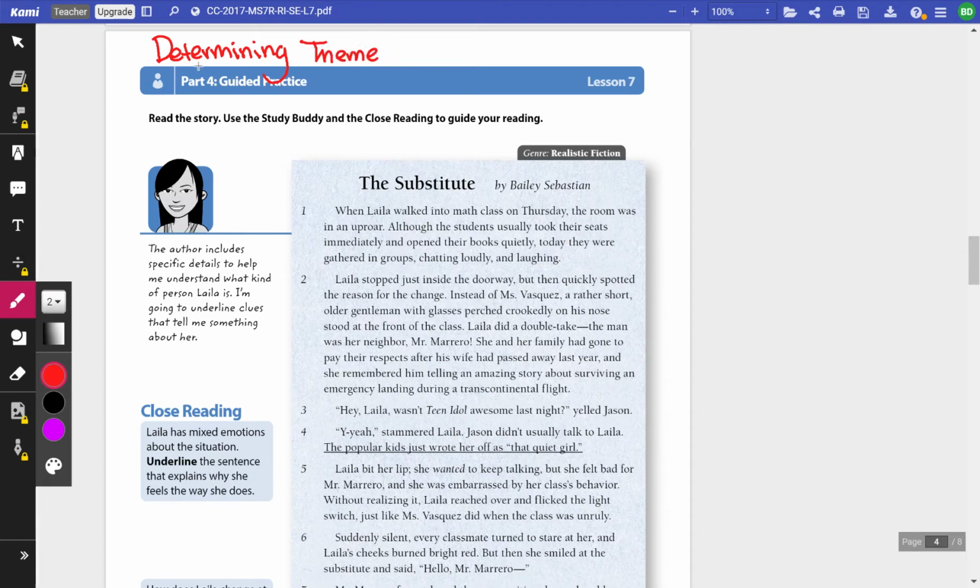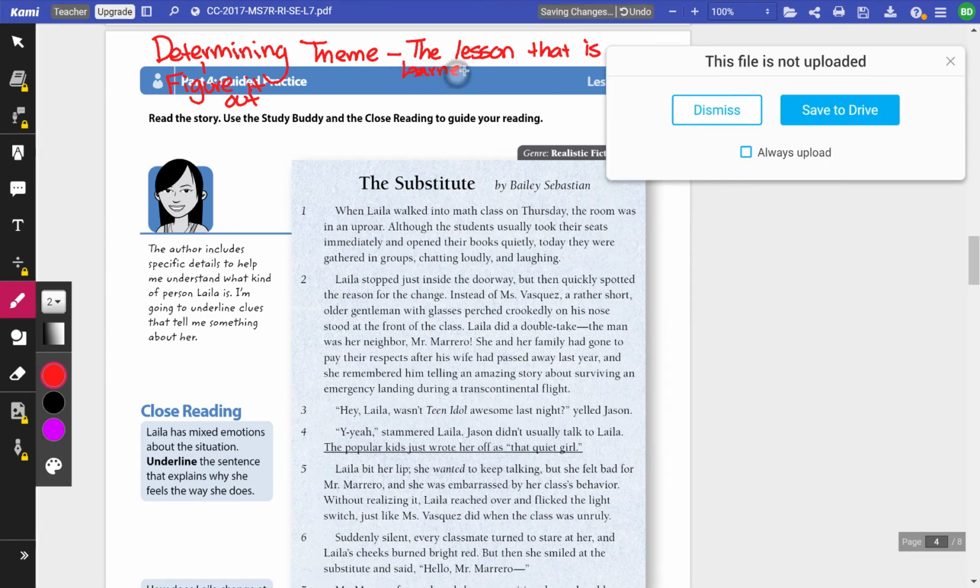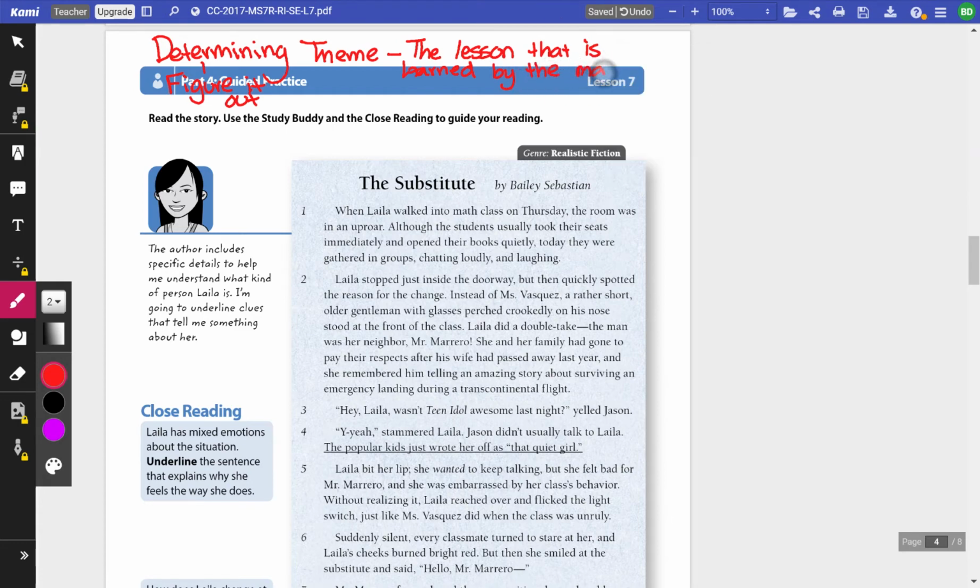We know that determining means to figure something out, and that theme is the lesson that is learned by the main character. And just as a refresher, another word for main character is protagonist.